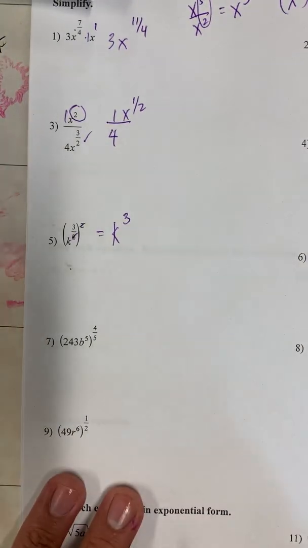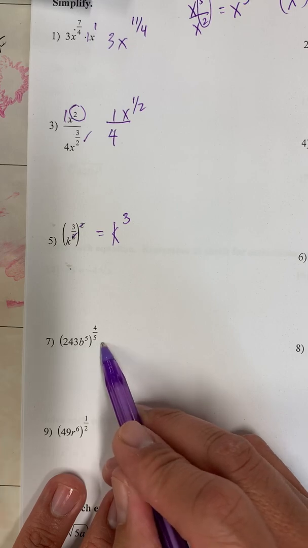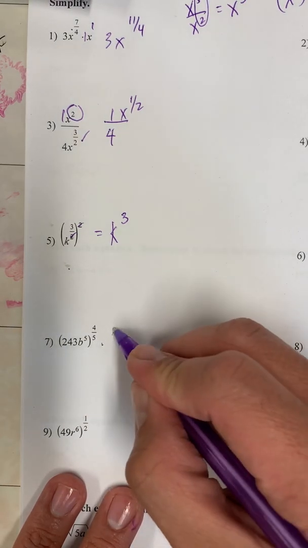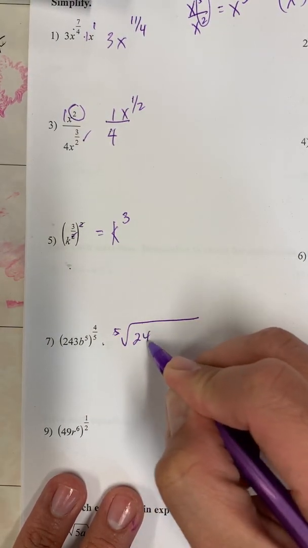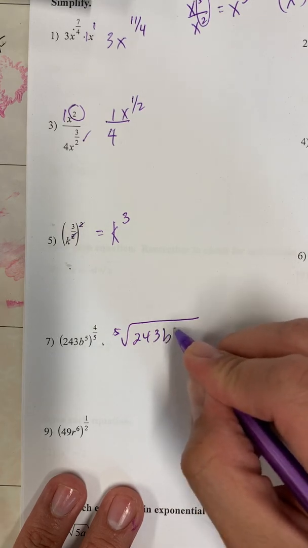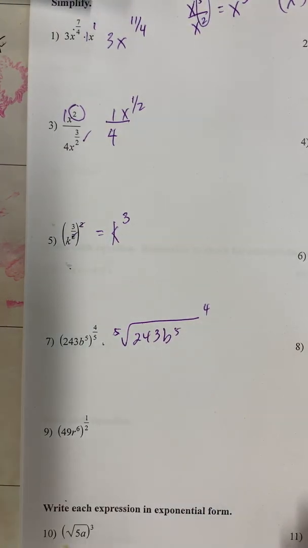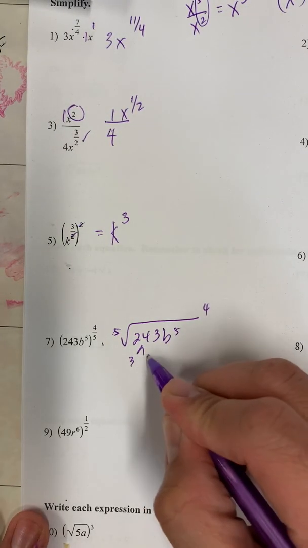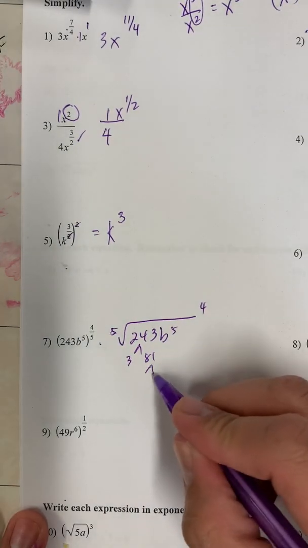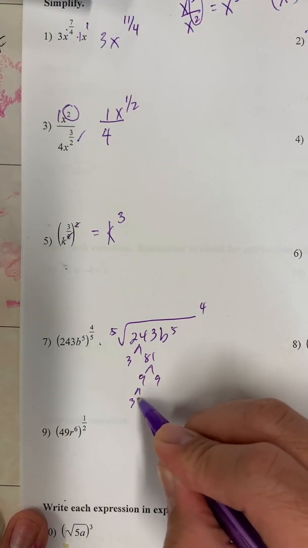Number 7 is similar to that one. The denominator of the exponent is 5. That means the 5th root of 243 b to the 5th power to the 4 outside there. 243 is divisible by 3. 81. 81 is 9 and 9, and this is 3 and 3.